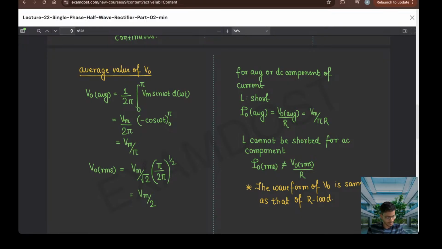Obviously we can take Vm out. Then 1 by pi, 0 to pi, sin square we can write as 1 by 2 times 1 minus cos 2 omega t d omega t.